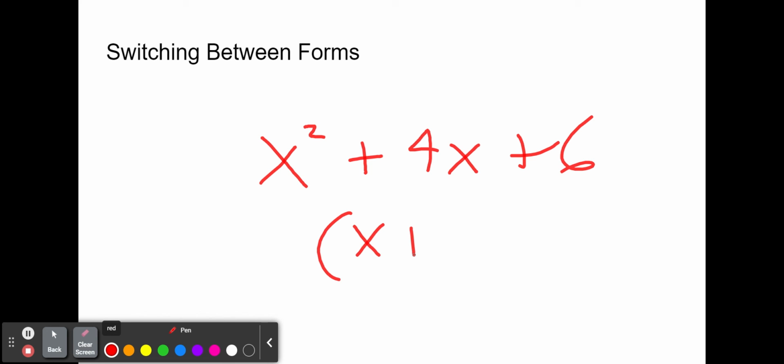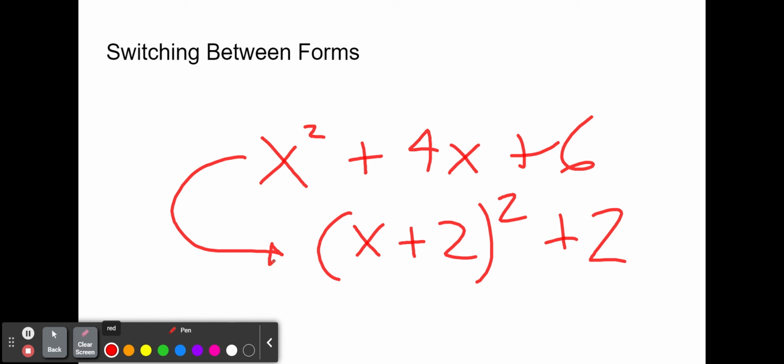It has something to do with adjusting the equation in such a way that you're able to get x plus something squared. In this particular problem, you would want to get x plus 2 squared, but you would actually have an extra 2 left over. So this would be vertex form of that standard form quadratic.